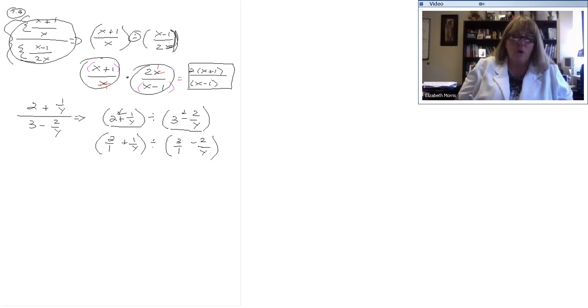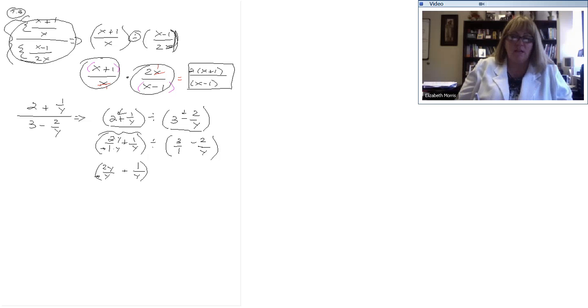So what would the common denominator be for this, 1 and y? Well, the common denominator would be y. That one doesn't change. What do I need to do to go from here to here? I need to multiply by y. So I do the same thing to the top, and I get 2y. Now, combine those.